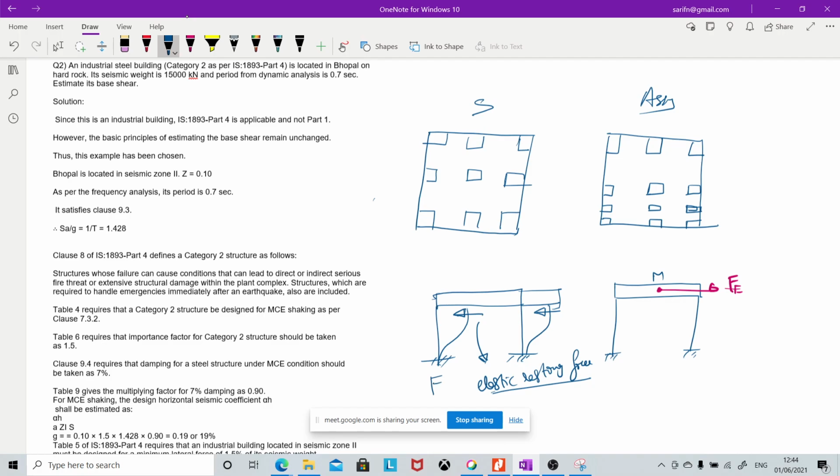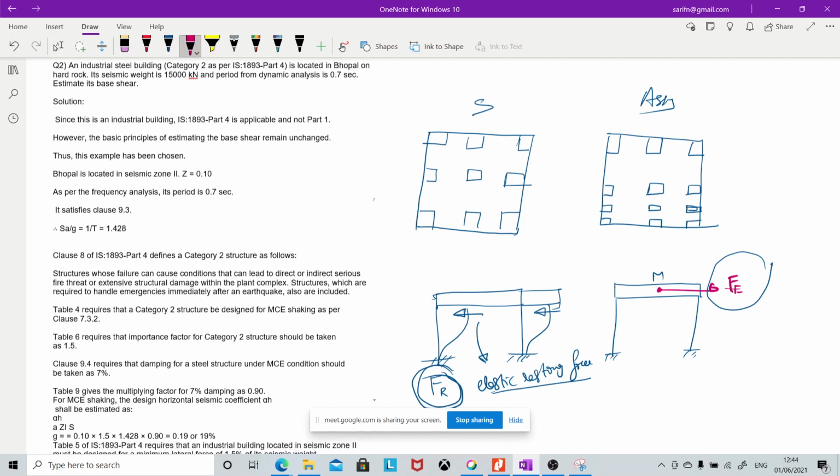Let us say the restoring force developed in each column is Fr. So basically, the force that is induced, how is it resisted? It is resisted by the elastic restoring force developing in each of the columns. Okay.